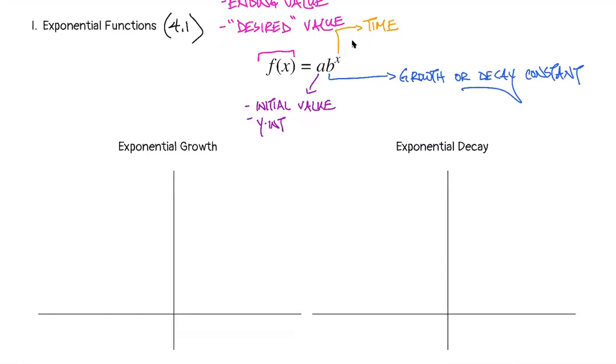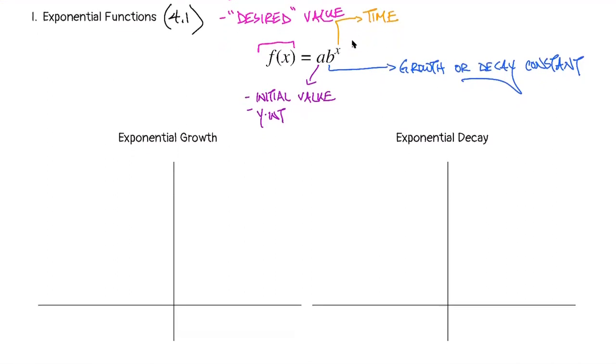So when we talk about exponential functions, there are two kinds. Sometimes we have a situation where the numbers are going up, like we did in the graph that we saw above. We're going to sketch a quick picture of that.